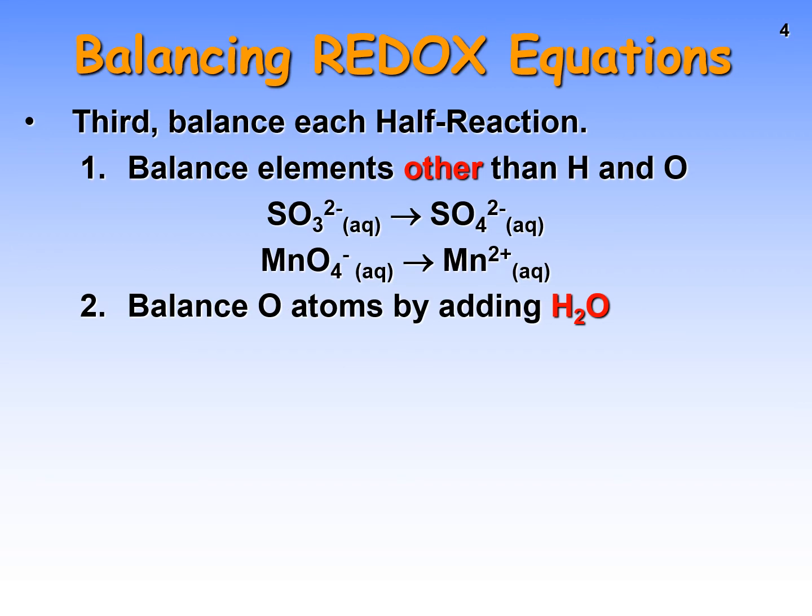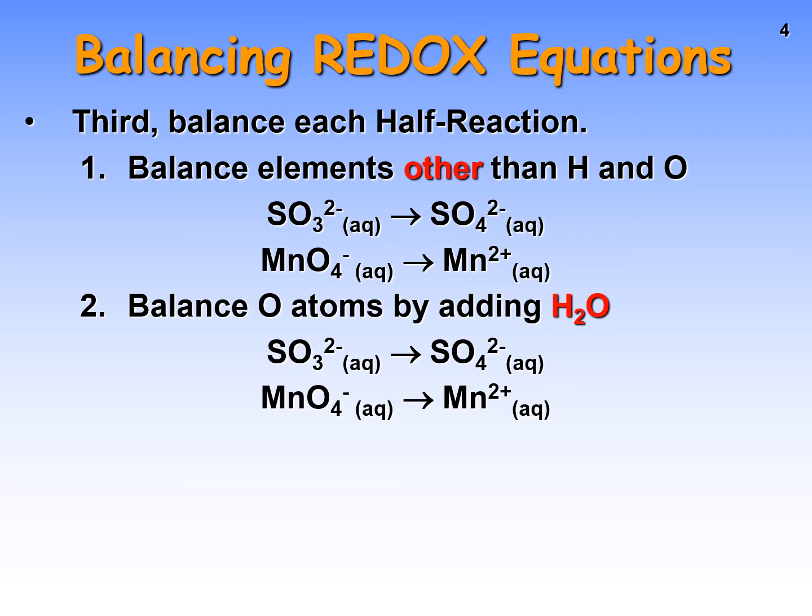So we need to balance oxygen atoms by adding H2O. Now, that's dependent on how many oxygens we have currently, right? If we look at this side, I have 4 oxygens on the right and 3 on the left. I need to add 1 H2O to the left here, because every H2O contains 1 oxygen, so 1 oxygen on the H2O plus the 3 oxygens on sulfite gives me 4, and I have 4 on both sides now.